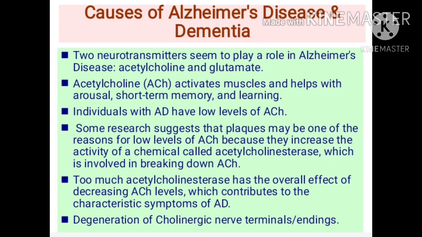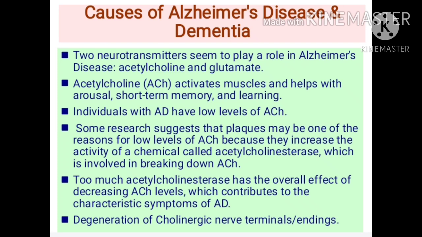When the cell contains more acetylcholinesterase enzyme, it will degrade more acetylcholine, which will result in the disease, namely Alzheimer's disease as well as dementia. And the degeneration of cholinergic nerve terminals or nerve endings also causes a decrease in the level of acetylcholine.